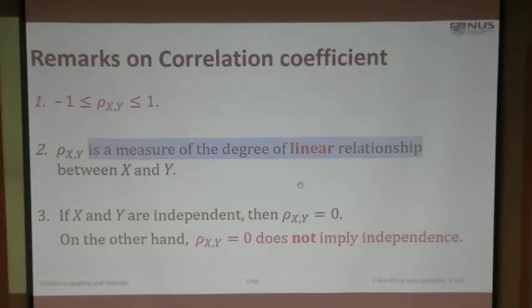But just because the correlation is 0 doesn't mean the random variables have no dependence. There could be, for example, quadratic, cubic, or non-linear relationships between X and Y which force them to be dependent. So it's important to note independent random variables have 0 correlation. Uncorrelated random variables, i.e. random variables with 0 correlation, are not necessarily independent.